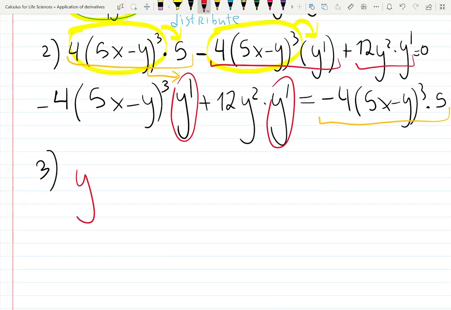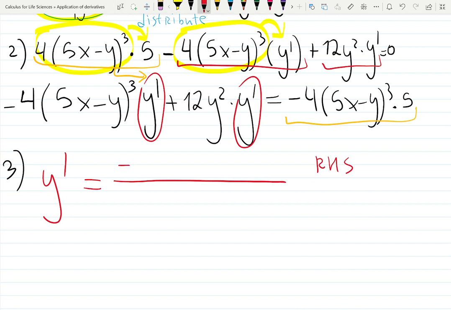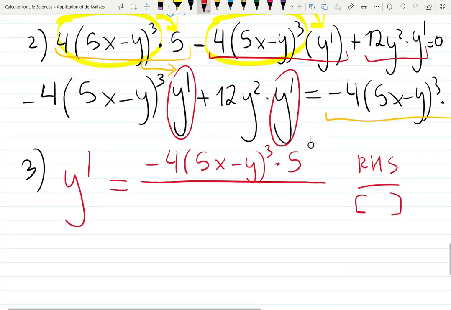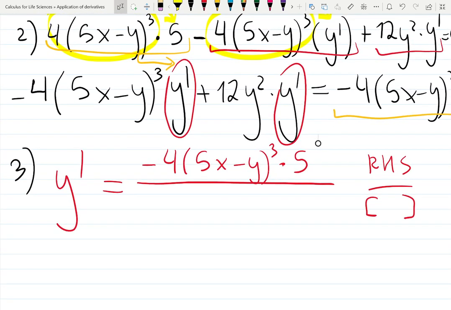I'll write down y prime equals the right-hand side, which is already in front of you. Minus 4, 5x minus y cubed times 5. That's my right-hand side. Over the brackets, and that's the step I skipped. What will be the brackets if, in my mind, which we call mental math, I mentally factor out y prime?